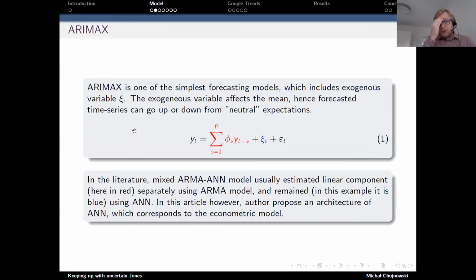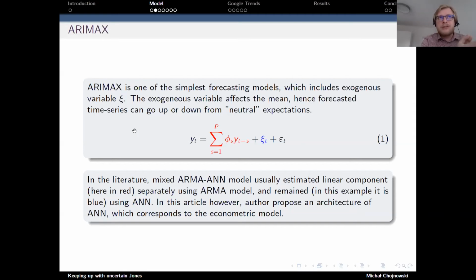So to start with the ARMAX part, ARMAX consists of two parts, as is usual in the literature of hybrid models of ARIMA and artificial neural networks. We have the linear part, which is the autoregressive part, and the so-called non-linear part.